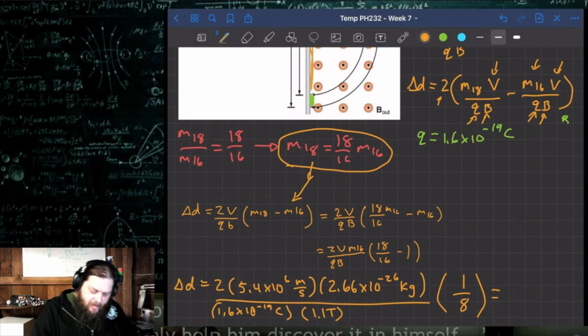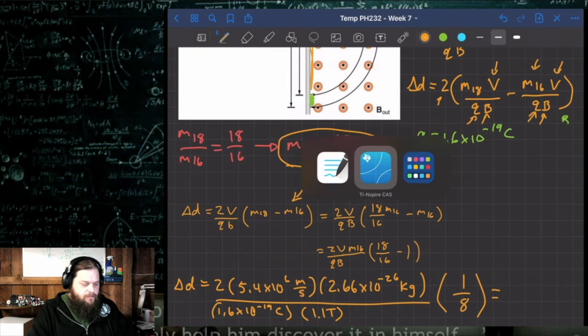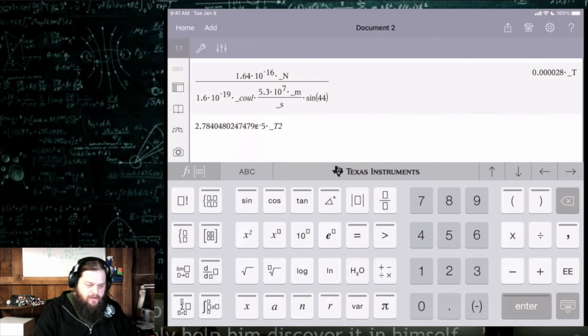So we can then plug that into our calculator and see what we get. That's 2 times, I had 5.4 times 10 to the 6 meters per second. I'm going to multiply again by the mass of isotope 16, which is 2.66 times 10 to the negative 26 kilograms.